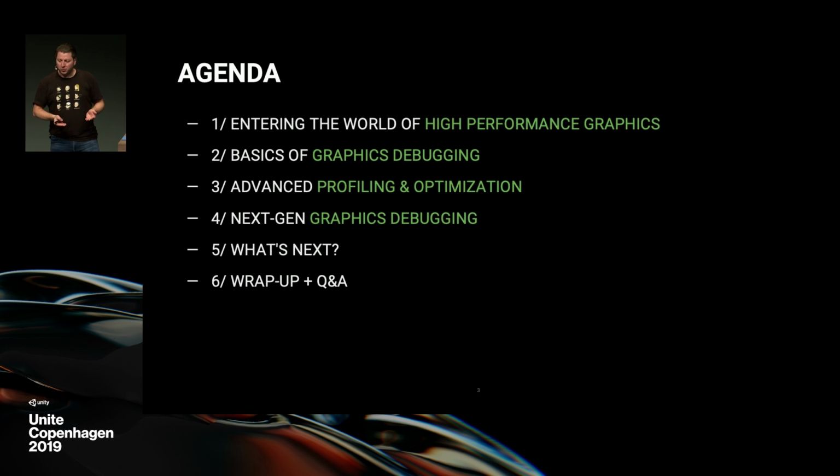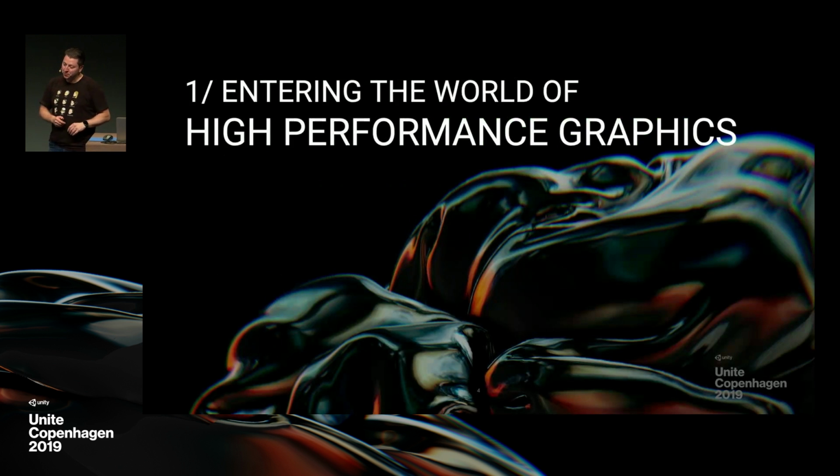After we go into advanced profiling and optimization, let's talk about those next-gen debugging tools. There's a lot of great new stuff that NVIDIA has enabled with the Turing architecture, and we specifically want to make sure that there's a good ecosystem, a good way to develop for those new features. And then finally, what's next, both for you and for us. Then we'll wrap up and do a Q&A. So hopefully you have some good questions that you're thinking about writing down for the end.